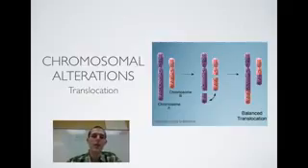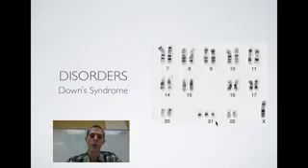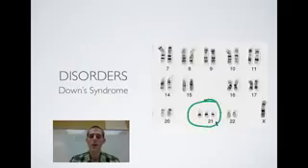Now, some actual disorders that are associated with chromosome abnormalities. First one, best known probably, is Down syndrome. Down syndrome is known as trisomy number 21. If you look over here on our karyotype, an individual with Down syndrome will have 3 chromosomes at number 21.